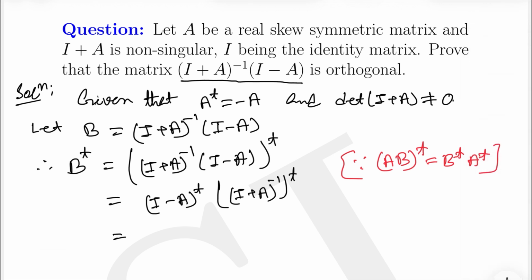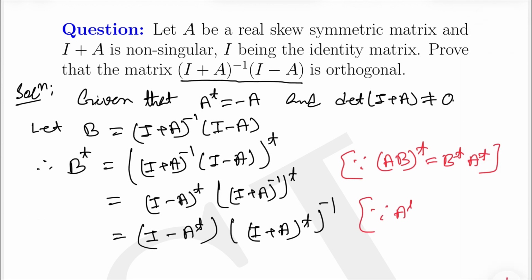And we know that (A plus B) transpose is equal to A transpose plus B transpose. So I transpose is I, and (I minus A) transpose is I minus A transpose. And this one, ((I plus A) inverse) transpose, is actually (I plus A transpose) inverse, since the transpose of an inverse is equal to the inverse of the transpose.